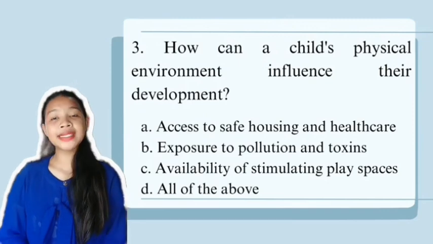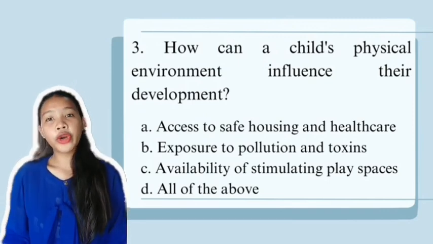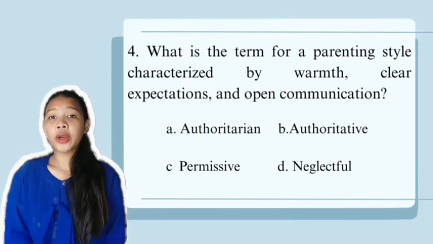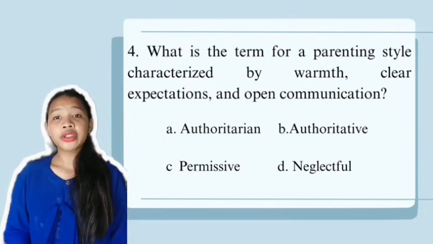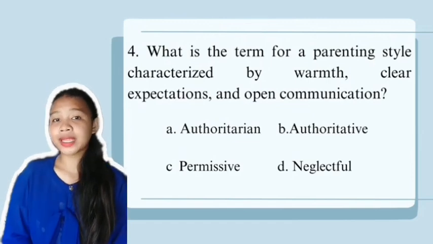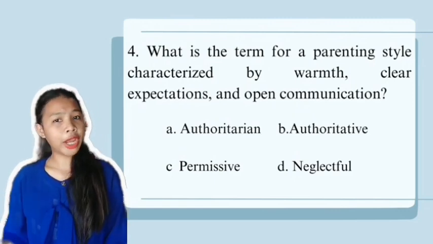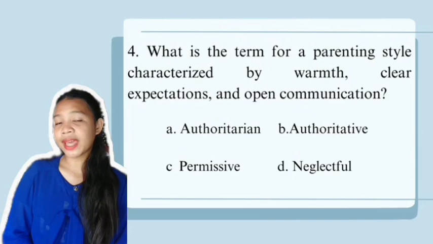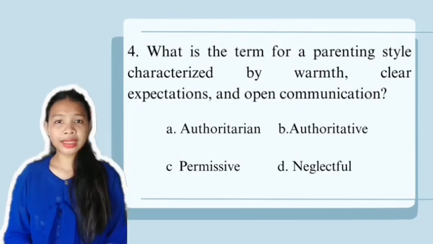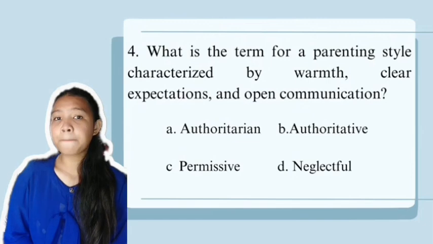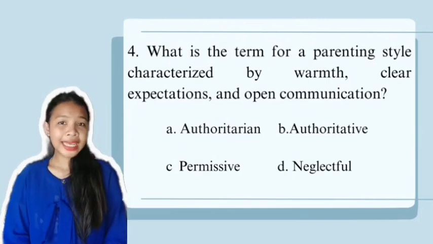Choose your answer wisely. So number 4, what is the term for a parenting style characterized by a warm, clear expectation and open communication? Letter A, authoritarian. Or letter B, authoritative. Or letter C, permissive. Or letter D, neglectful.